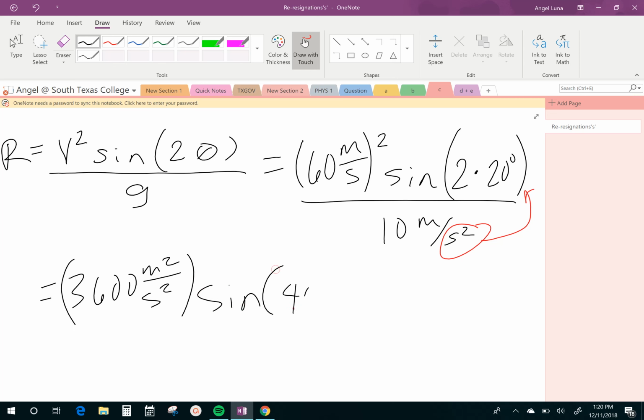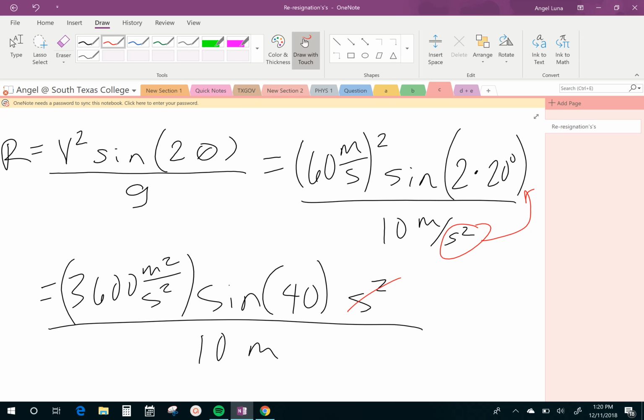sine 40 second squared over 10 meters. These two units of seconds will completely cancel out. This unit of meter will cancel one of these units of meter.